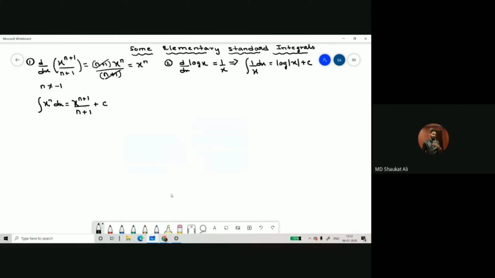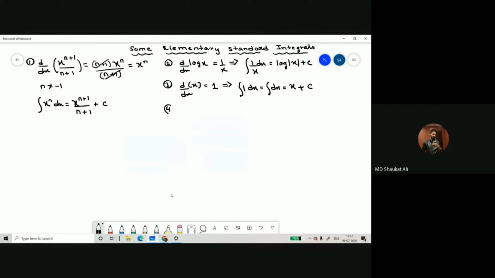Am I correct or not? See the third one, d/dx of x is 1, which implies integration of 1 dx, or simply integration of dx, will be x plus c. Am I clear or not?